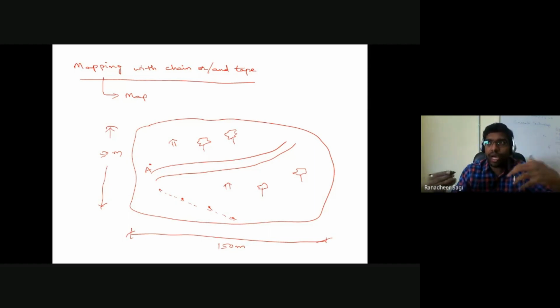According to that, you are going to identify the various salient features existing in that particular field. Okay, so let's say this is point A, and somewhere here you are choosing another control station point, let's say point B. So I have got 2 points which I am calling my control station points.